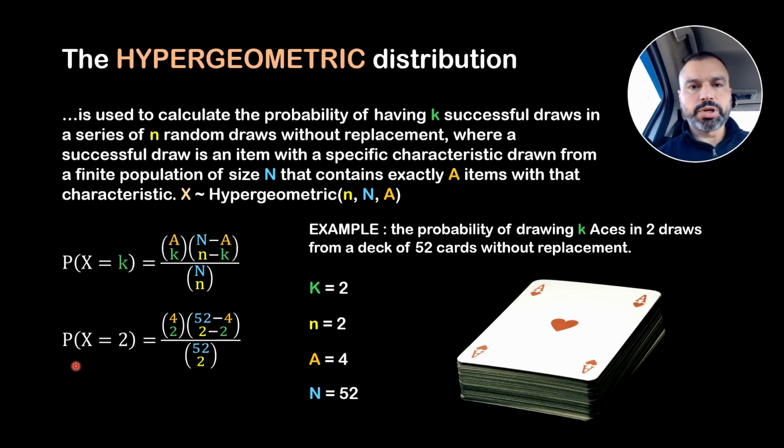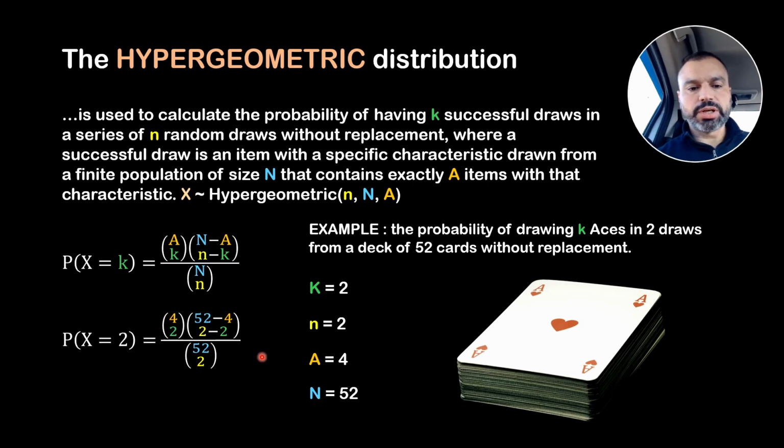So the probability of x being equal to 2, so 2 successful draws, 2 aces, is equal to 4 choose 2 multiplied by 48 choose 0, and the whole numerator is divided by 52 choose 2.